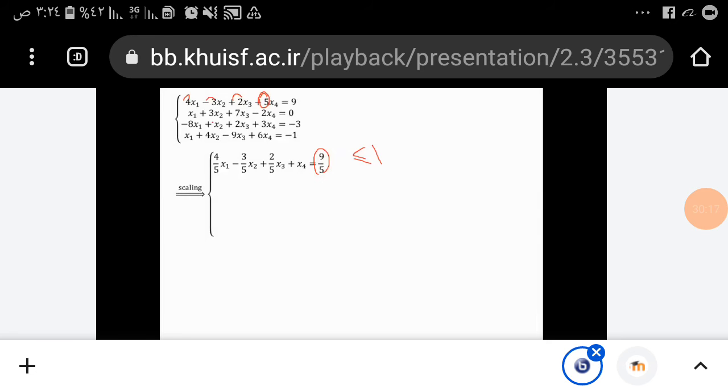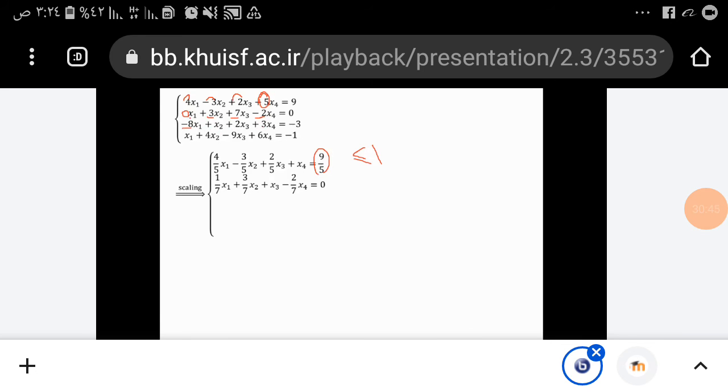For the second row, we have 1, 3, 7, minus 2. So the maximum is 7, and we divide the second row by 7. After that, for the third row, we have minus 8, plus 1, plus 2, plus 3.